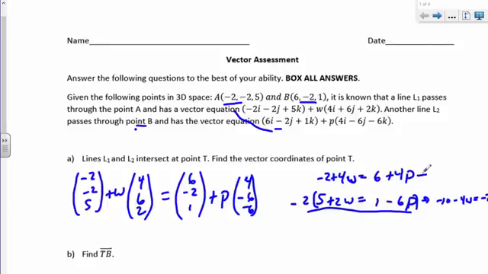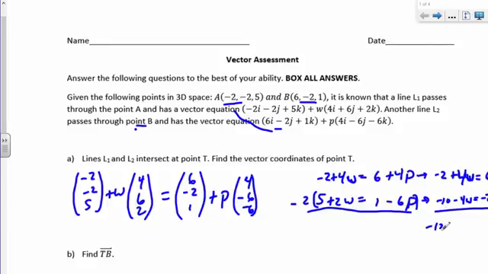And I'll just copy this top equation over: -2 plus 4W is equal to 6 plus 4P. And I'll just add these together.